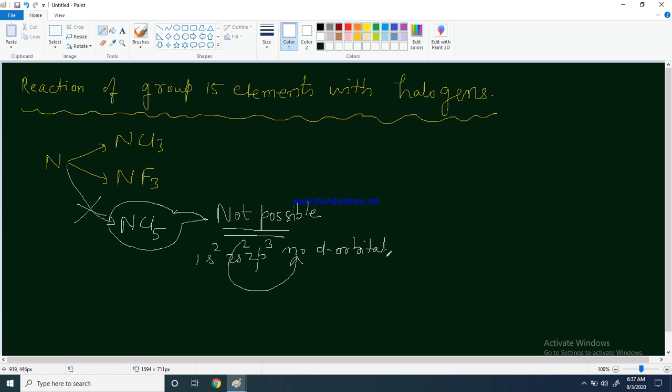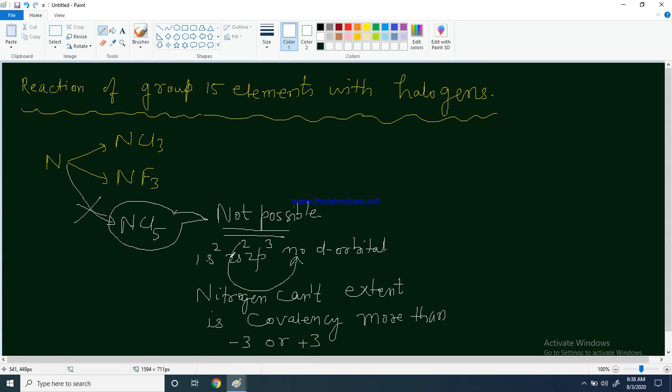Hence, nitrogen cannot extend its covalency more than -3 or +3.